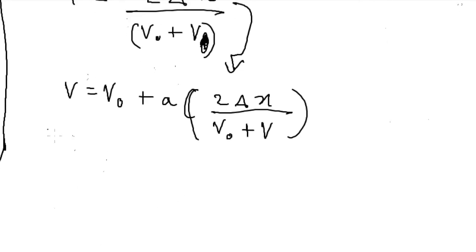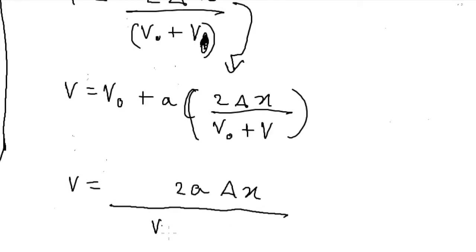Now, when we open up these brackets, we get final velocity is equal to, let's first open up with acceleration, 2 times acceleration times displacement, and let's get a common denominator of initial velocity plus final velocity. By getting a common denominator, we have to multiply the final velocity plus initial velocity times the initial velocity expression. So what we get is initial velocity times final velocity plus initial velocity squared.